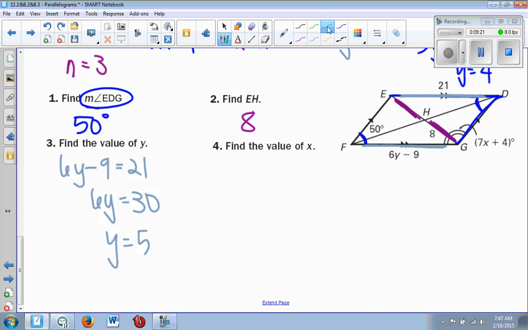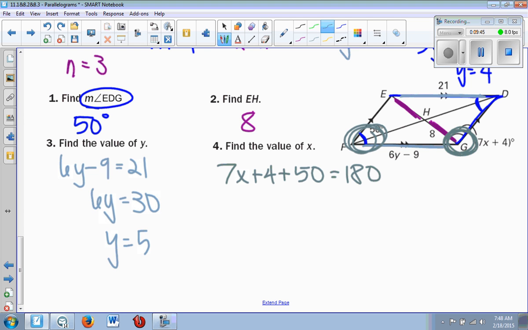The last thing we're going to do in the problem is solve for x. X is this angle down here at G. And I've got this angle here also, which is 50. We know consecutive angles, so 2 in a row, are supplementary. So 7x plus 4 and 50 have to equal 180 because they're consecutive angles in a parallelogram.